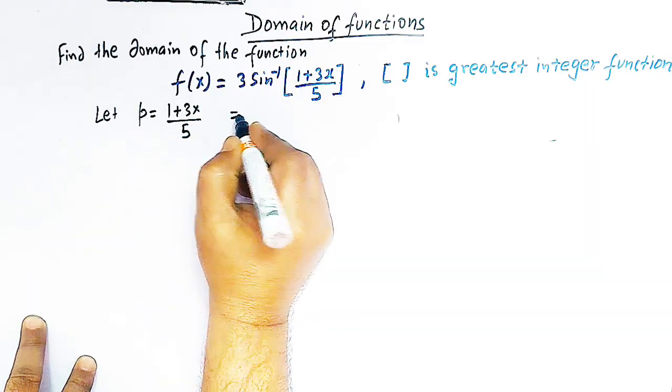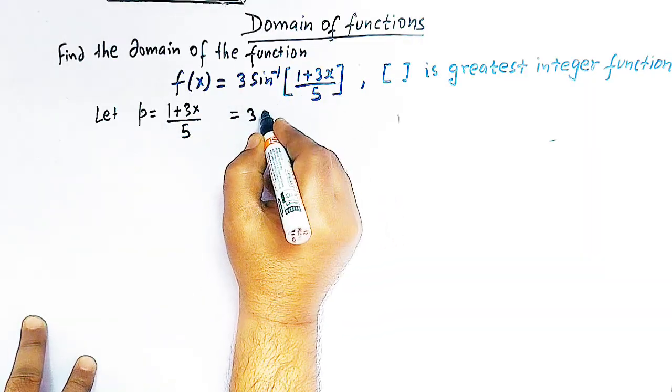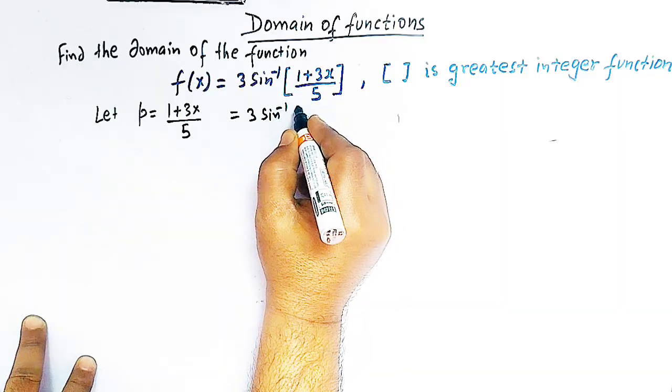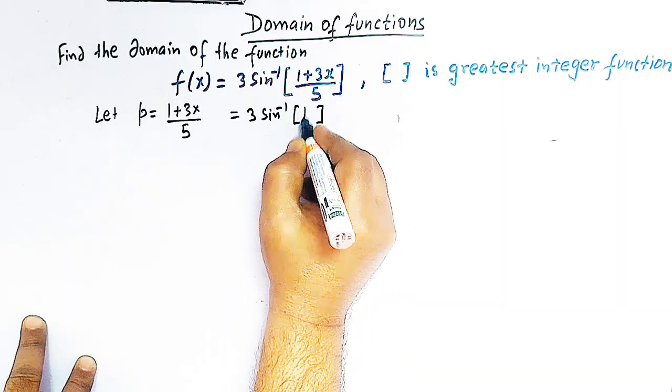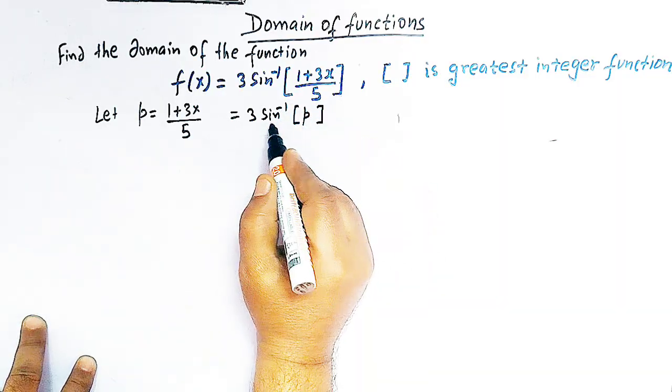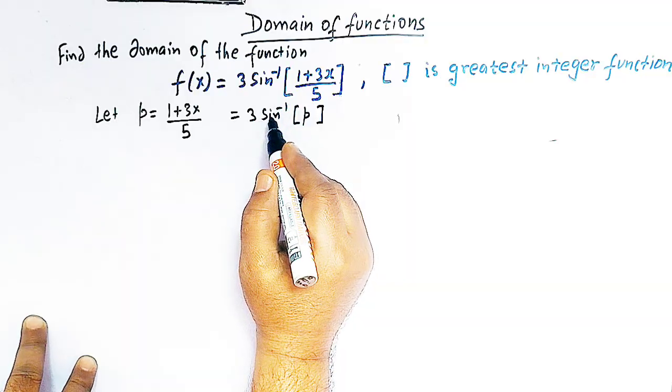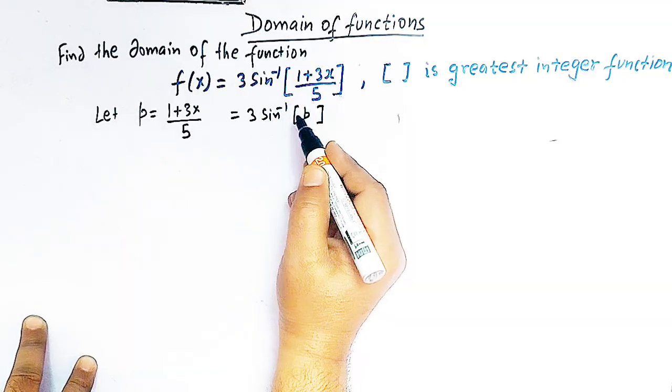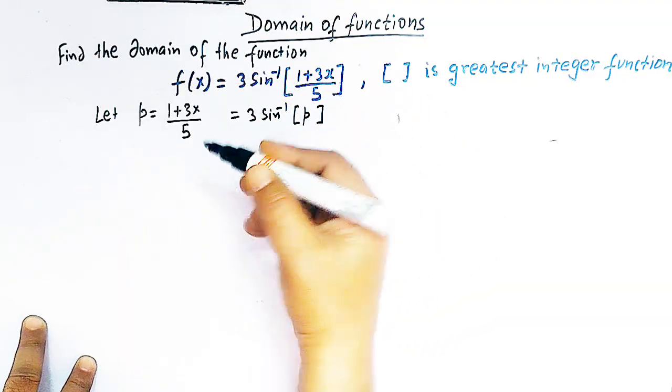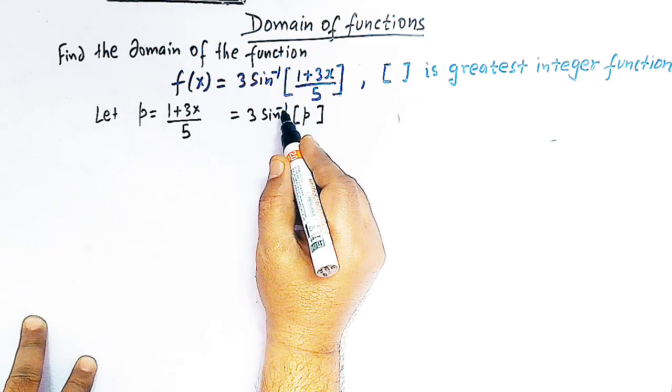Now we can write this function as 3 times sine inverse of the greatest integer of p. Here we have the inverse sine function, so we'll first apply the domain of the sine inverse function.